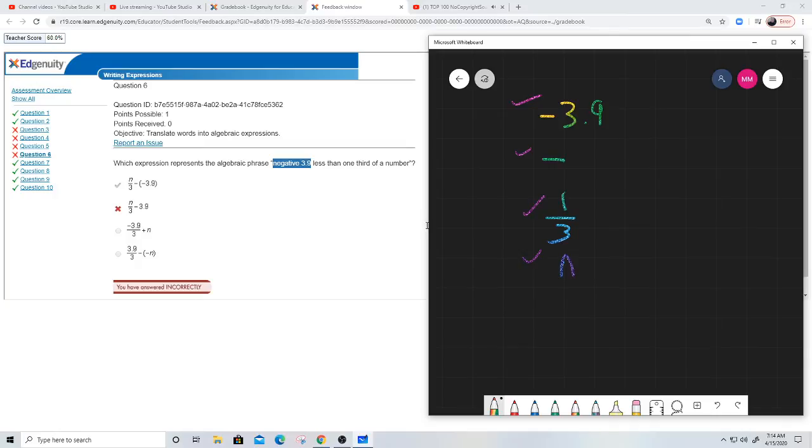And now let's write it out. And remember, we just talked about this less than, right? So I know that this 3.9 is going to go on the back end. This third of a number is going to come on the front. So 1/3 of a number means multiplied by a number. Okay, less than. So watch.